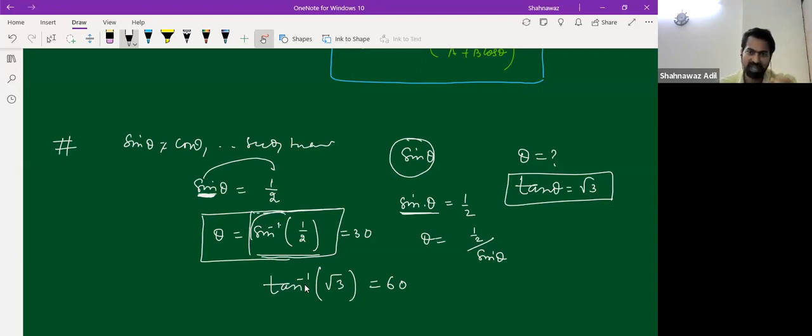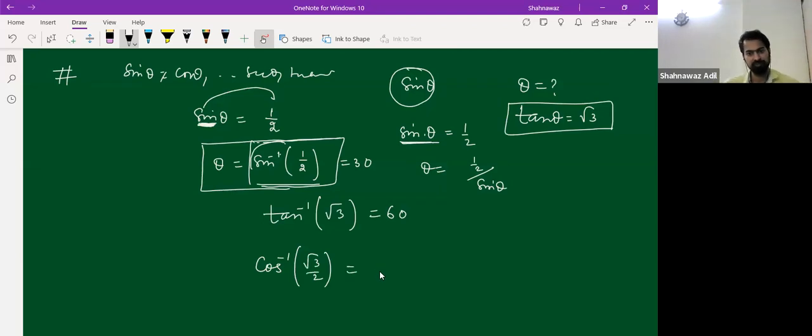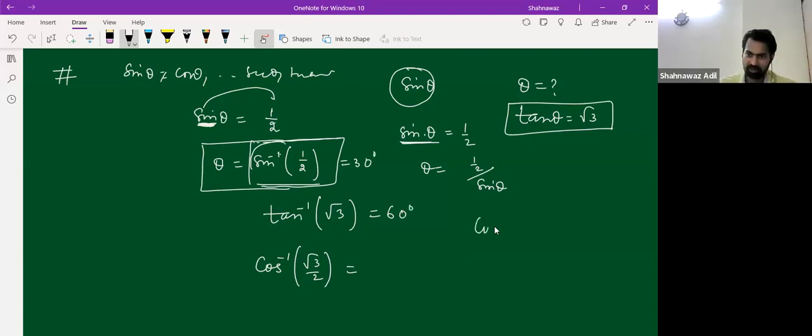Let me ask Afaf and Nabila a question. What would be cos inverse of root 3 by 2? Nabila, what would this be? 45. Then let me ask this question.